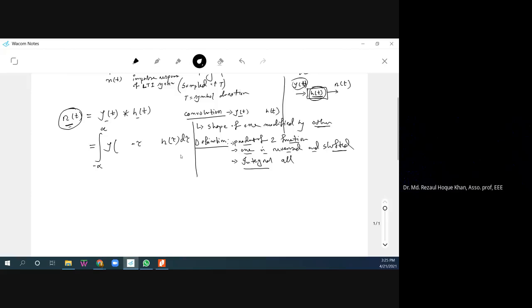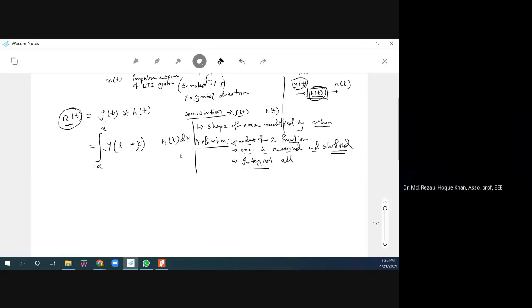By introducing minus tau I have reversed it, and by introducing t I have shifted it.